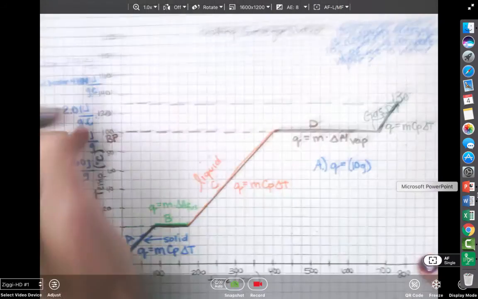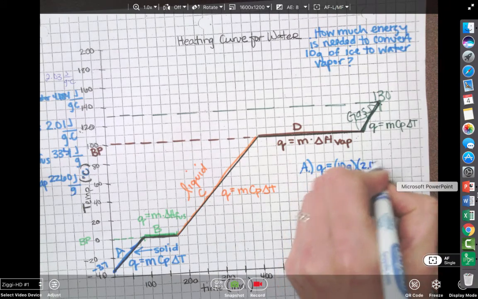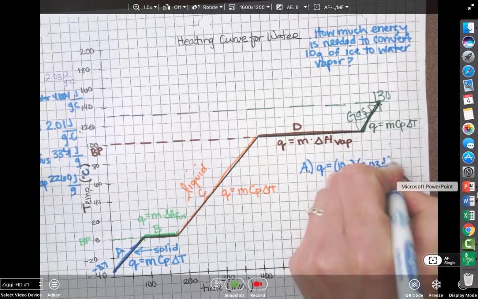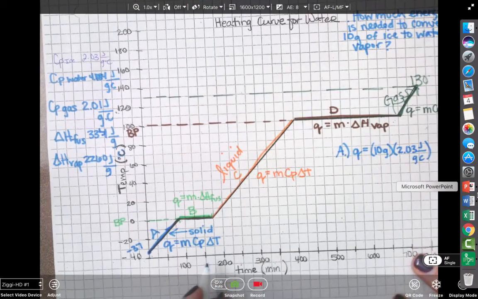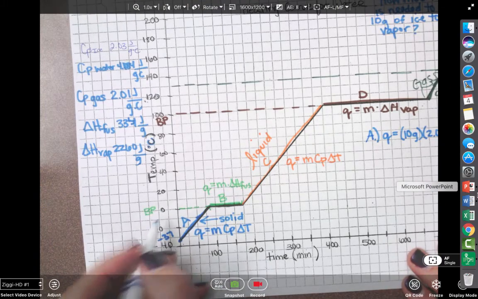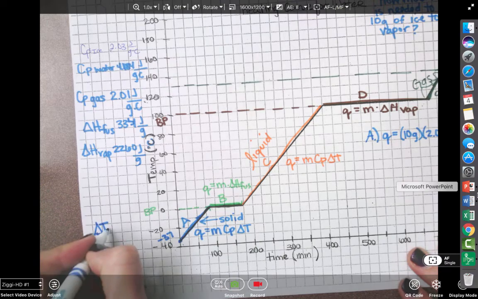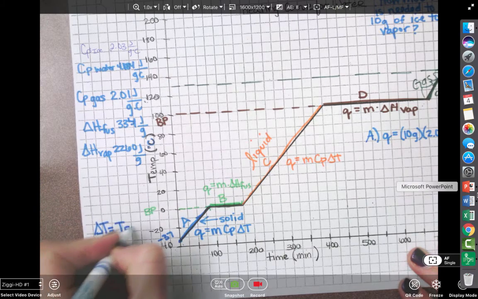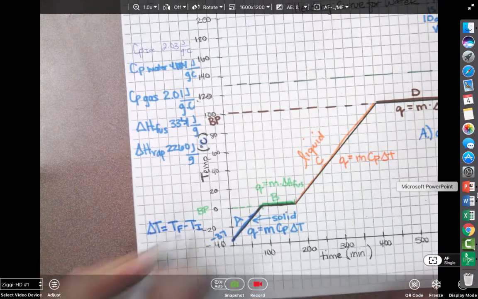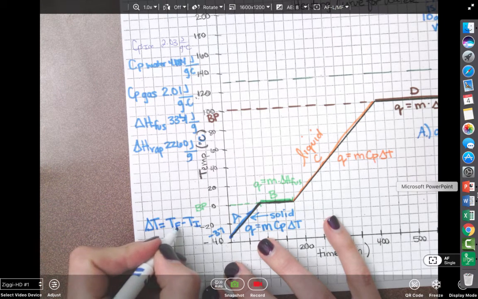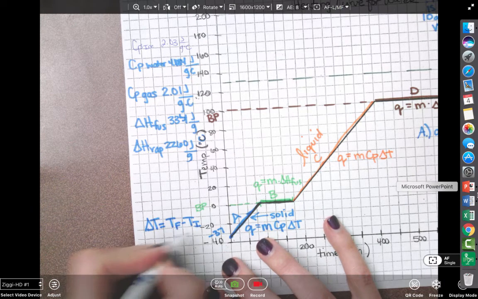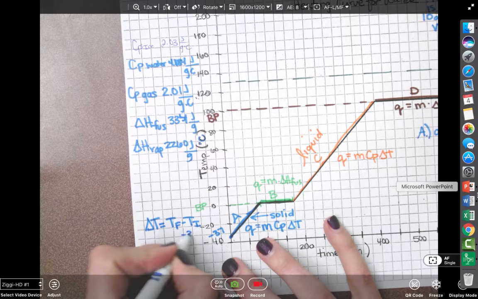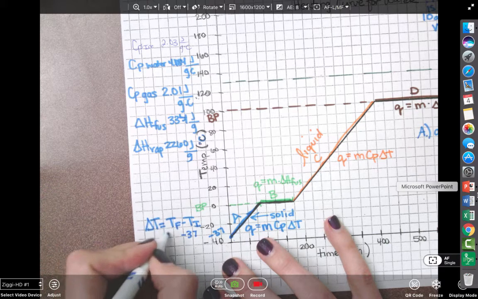I know the specific heat of ice is 2.03 joules per gram Celsius. And my temperature change is T final minus T initial. I'm starting out at negative 37, so that's my initial, and I end at 0.